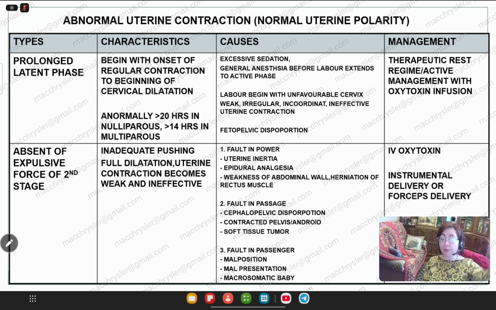But if we overdose sedation, it might prolong this latent phase. So we need an adequate balance of pharmaceutical corrections, not overdose.